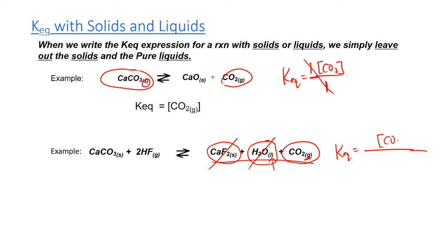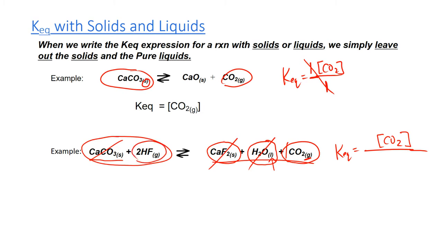So the concentration of CO2. Our equation was balanced, so the coefficient's 1. My exponent there is 1. On the bottom of that, look at your reactants. So the first reactant, my calcium carbonate, is a solid and does not get included in this calculation.